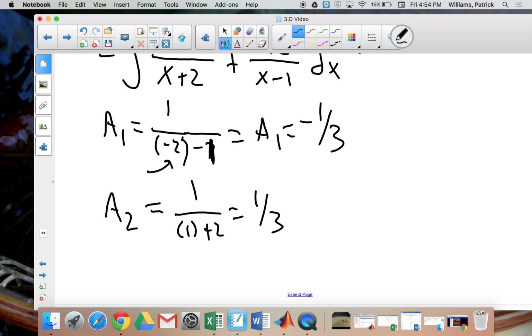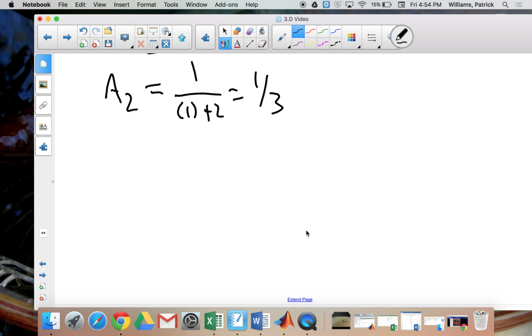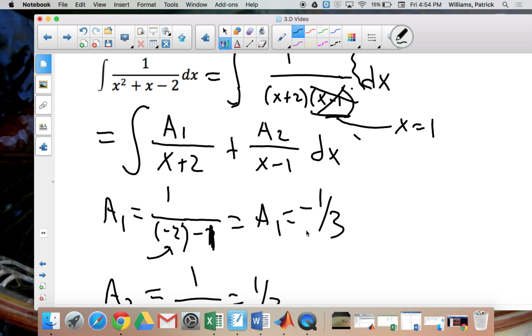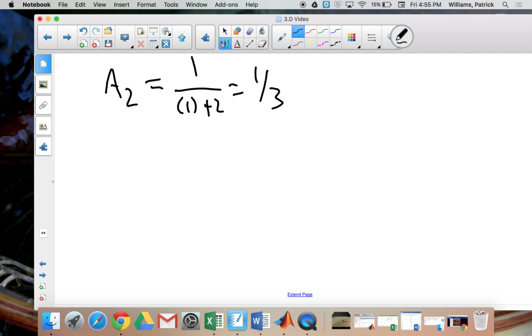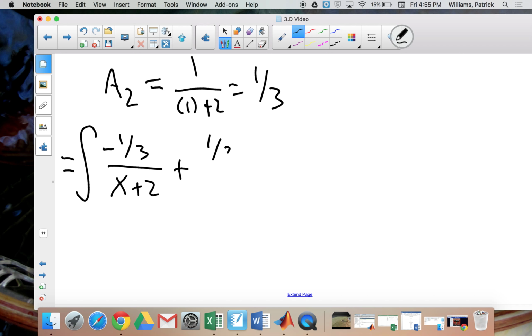Okay? So now if we plug this back into the original integral that we were trying to solve, now that we found what a1 and a2 are equal to, we end up with the integral of a1, which is negative 1/3 over x plus 2, plus a2, which is 1/3 over x minus 1, dx.